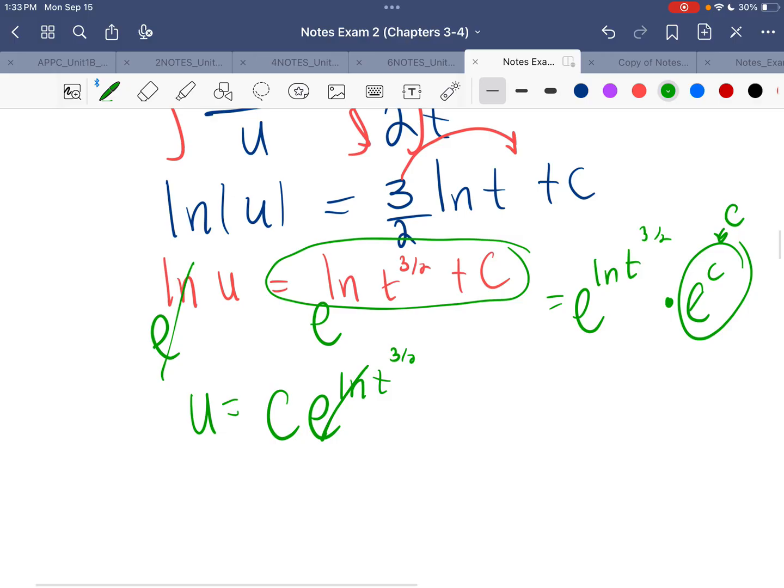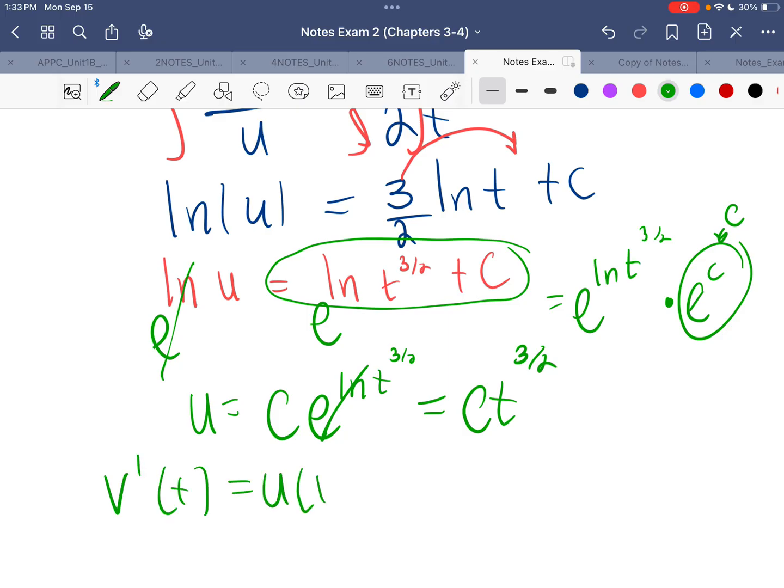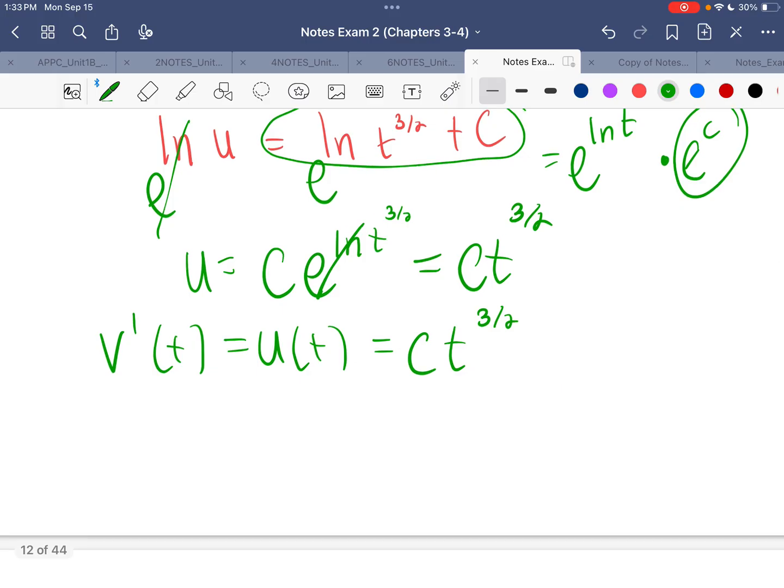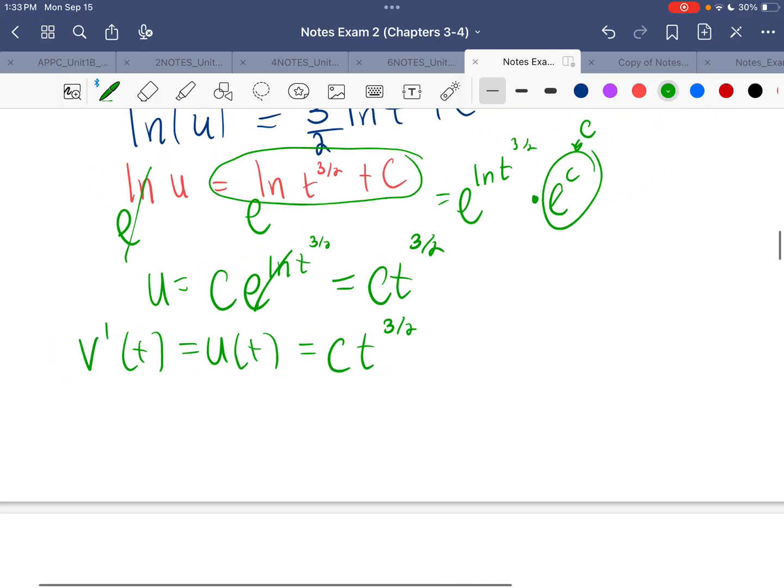Oops, and those cancel each other out to be c t to the 3 over 2. So v prime of t is equal to u of t, which was equal to c t to the 3 over 2. Well, we want a v. Well, v prime, we just said, v is equal to the integral of v prime.